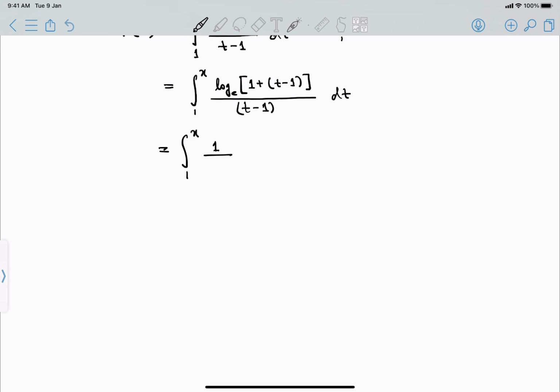It is the series k equals 0 to infinity, minus 1 to the power k, (t minus 1) to the power k over k factorial. For k equals 0 it's positive, for 1 it should be minus.